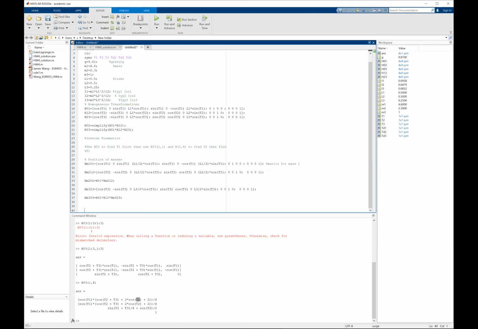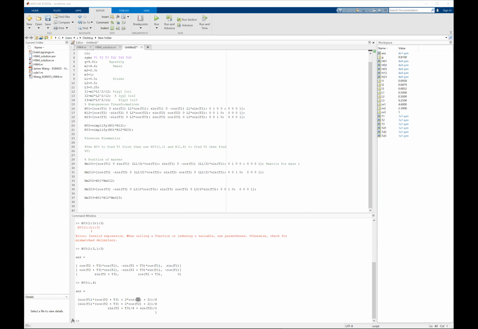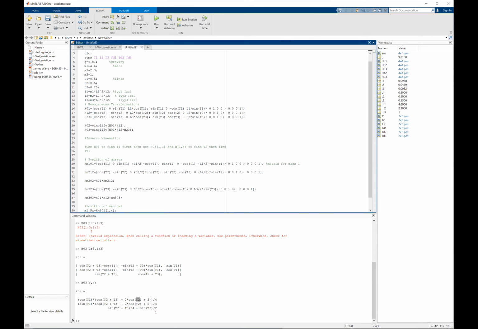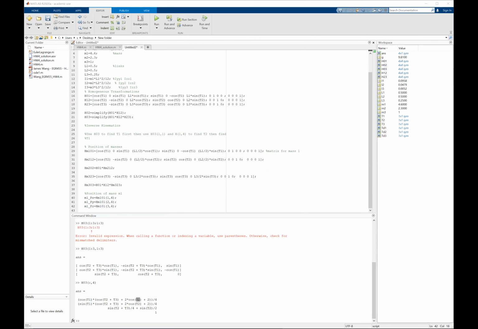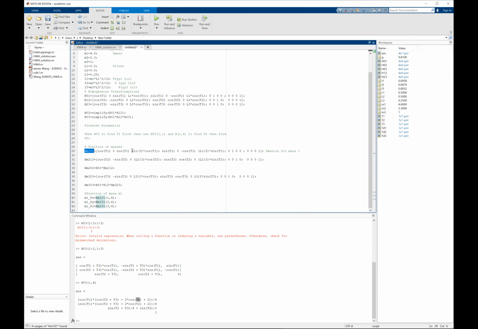Next obvious step is we need the positions of the masses M1, M2, and M3. This is actually very simple, so I'm going to show you the trick here. In HM101, the first row, fourth column is the X position of mass M1.